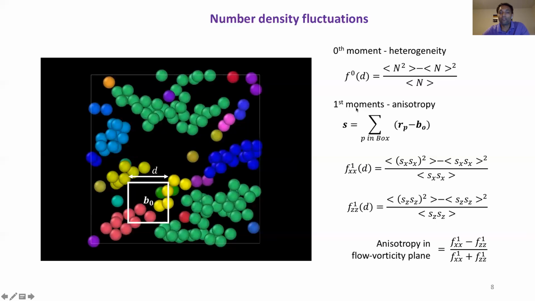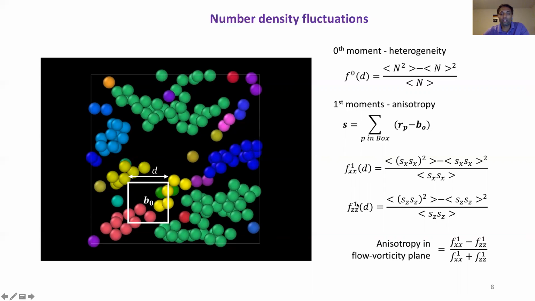We can also compute the first moment of the number density fluctuations by computing the sum of the distances of particles from the center in the box. That is this quantity S, and we can compute fluctuations in S_x S_x and S_z S_z quantities.